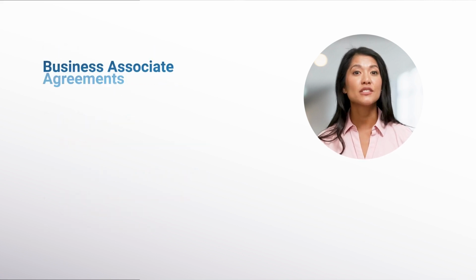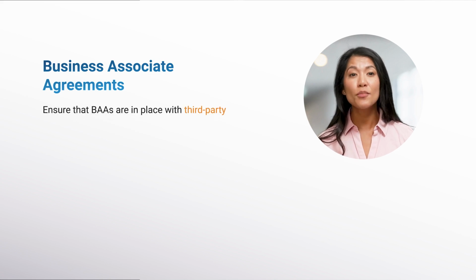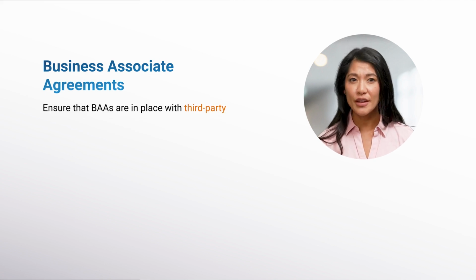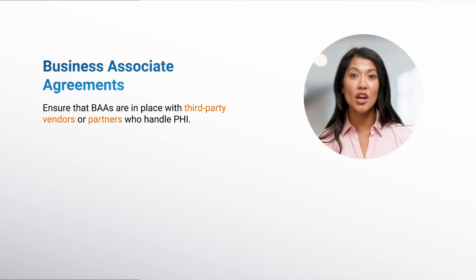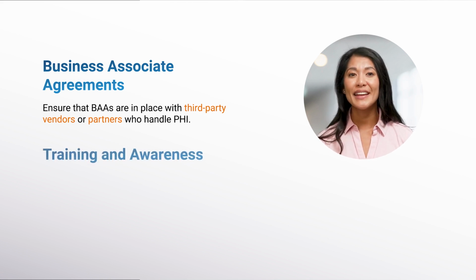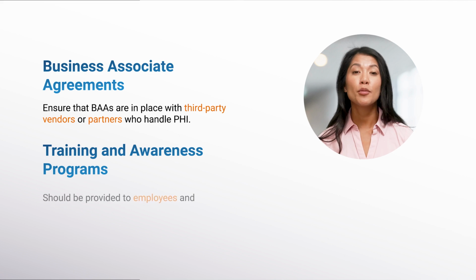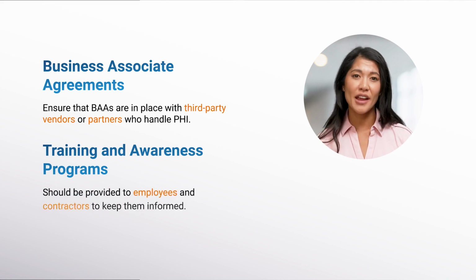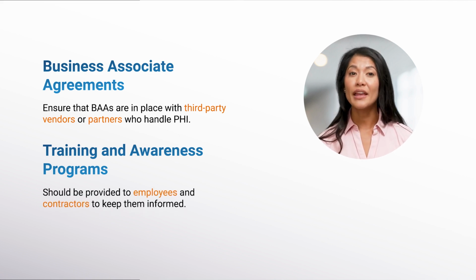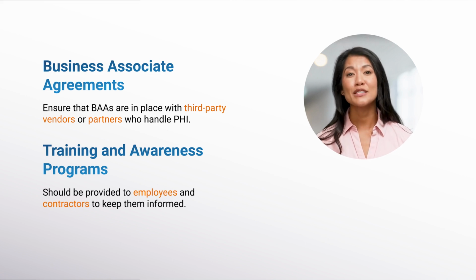Ensure that business associate agreements, BAAs, are in place with any third-party vendors or partners who handle PHI on your behalf. Ongoing training and awareness programs should be provided to employees and contractors to keep them informed about HIPAA regulations and best practices.